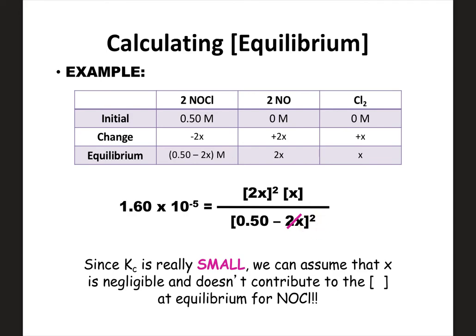But on the bottom, you're just going to have 0.5 squared instead of 0.5 minus 2x squared. Again, this can happen because you have such a small k value, 10 to the minus fifth or lower. You're allowed to make this assumption. Basically, this change here is going to be negligible, so we can cancel it out because it's being subtracted away here. It'd be really small, and it'll make our math a lot easier.